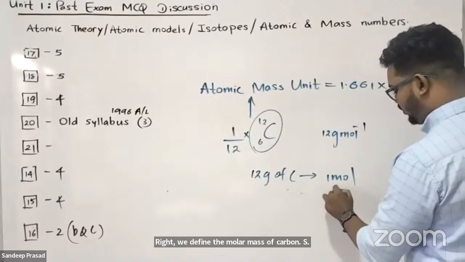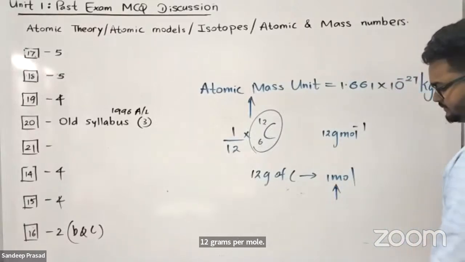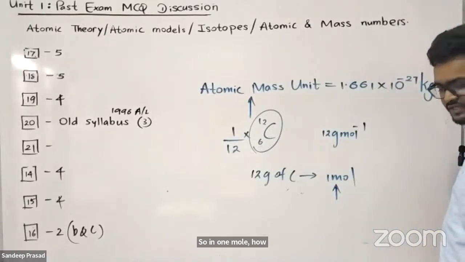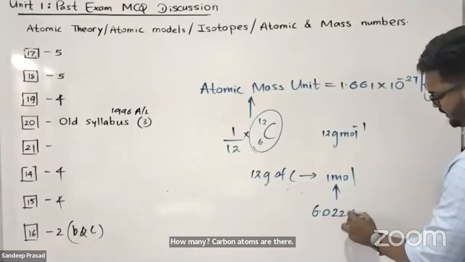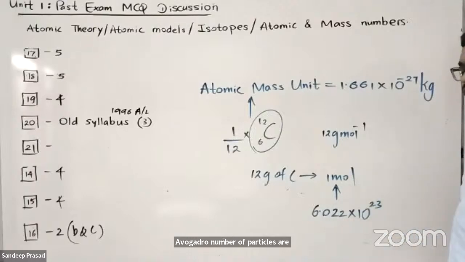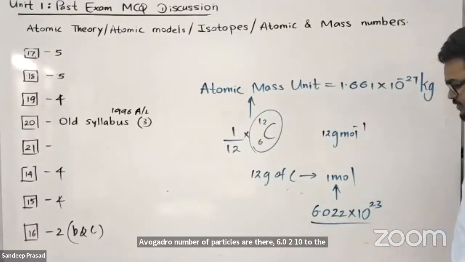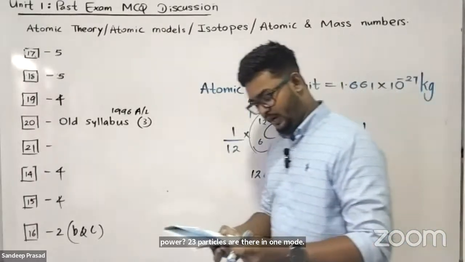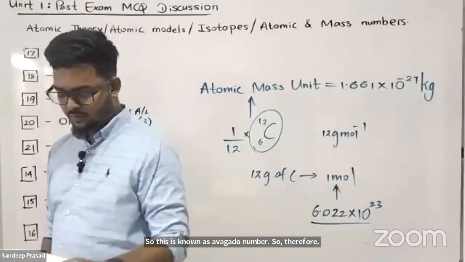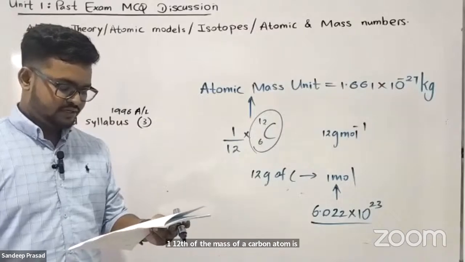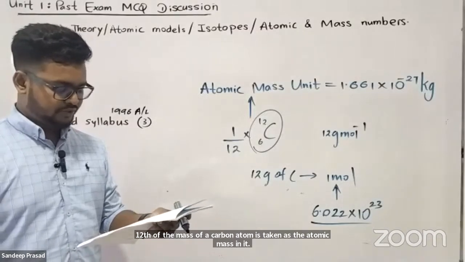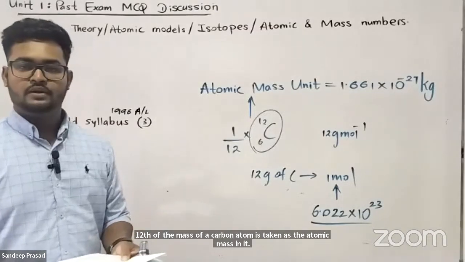So in 1 mole, how many carbon atoms are there? Avogadro number of particles, 6.022 × 10^23 particles in 1 mole. This is known as the Avogadro number.